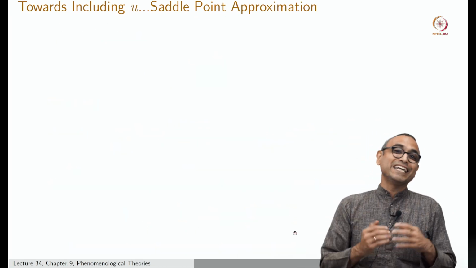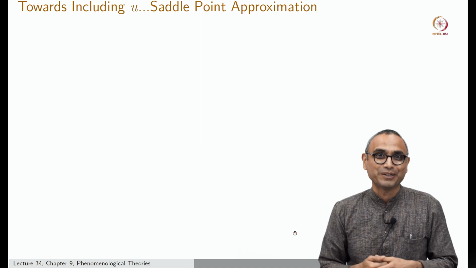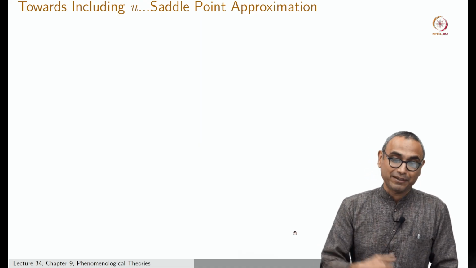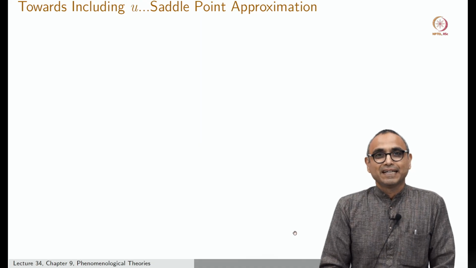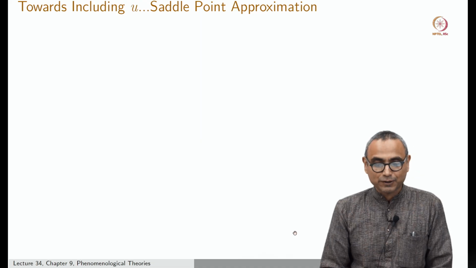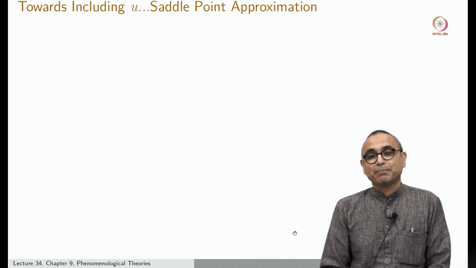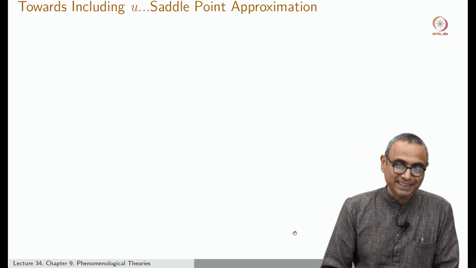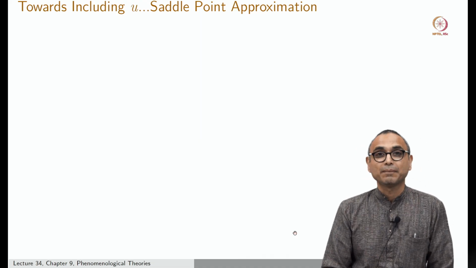We have to find a way to include the u term in the calculation as well as the magnetic field term. You will see that it's extremely difficult, if not impossible, to do that exactly, but we can do it approximately, and this approximation goes by the name of the saddle point approximation.